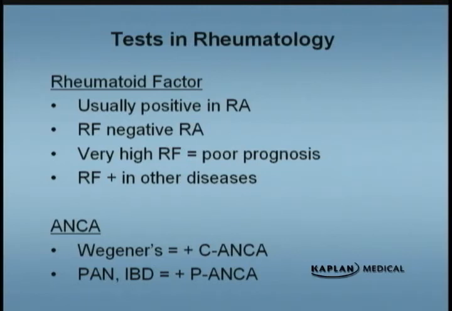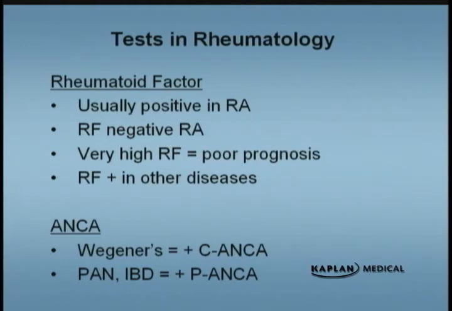If a patient with rheumatoid arthritis has a very high rheumatoid factor, 1 to 1,000, 1 to 2,000, 1 to 1,800, very high, it renders a poor prognosis. It tells you that this is going to be a very aggressive disease. This patient will have really aggressive disease, early erosions, right? You know, a lot of flares. So think about that, because you need to treat that patient aggressively from the beginning.